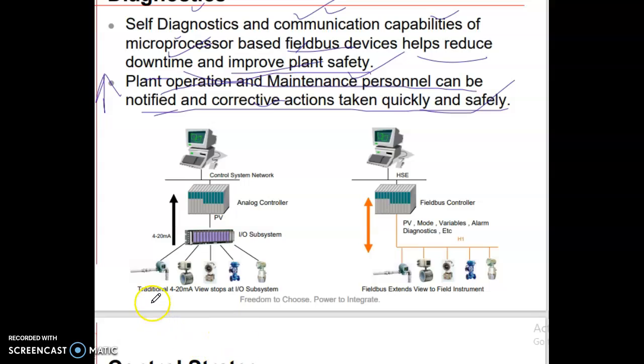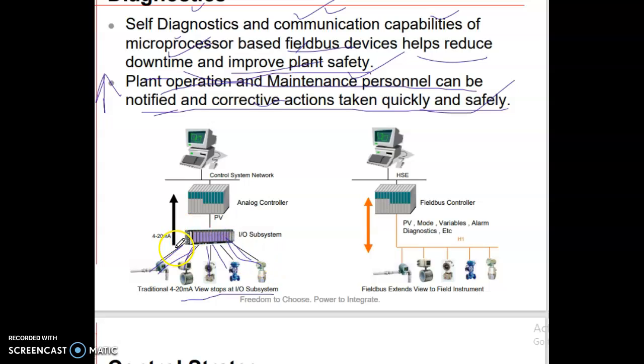So the traditional 4 to 20 milliamps view stops at the IO subsystem. Everything is connected: all the equipment, all the instrumentation, all the pressure switches, the transmitters, flow transmitters, actuators, control valves, all connected to the IO system here.